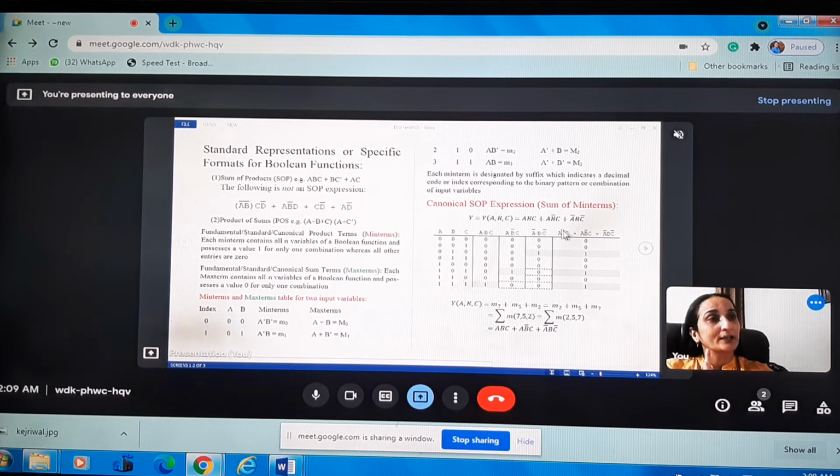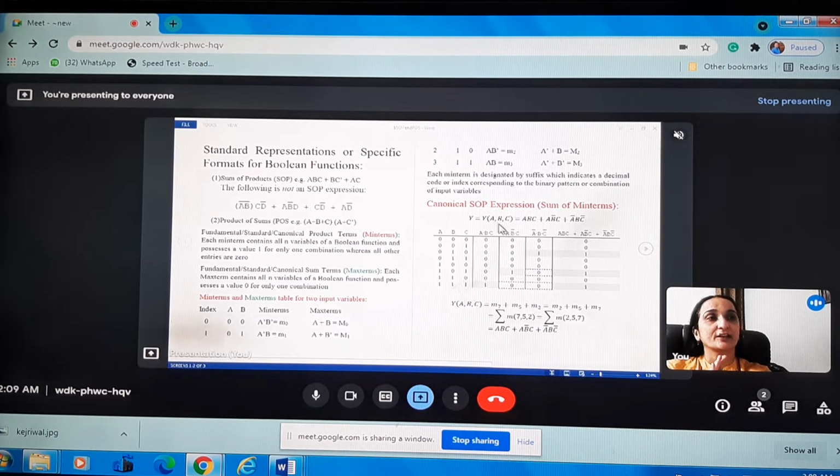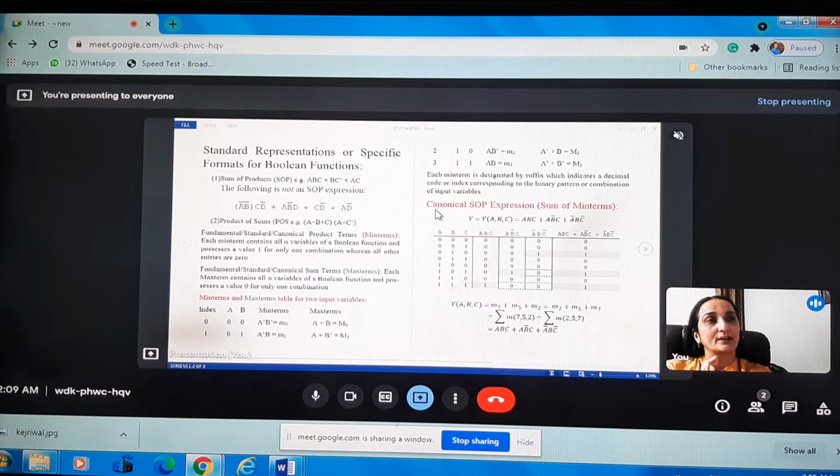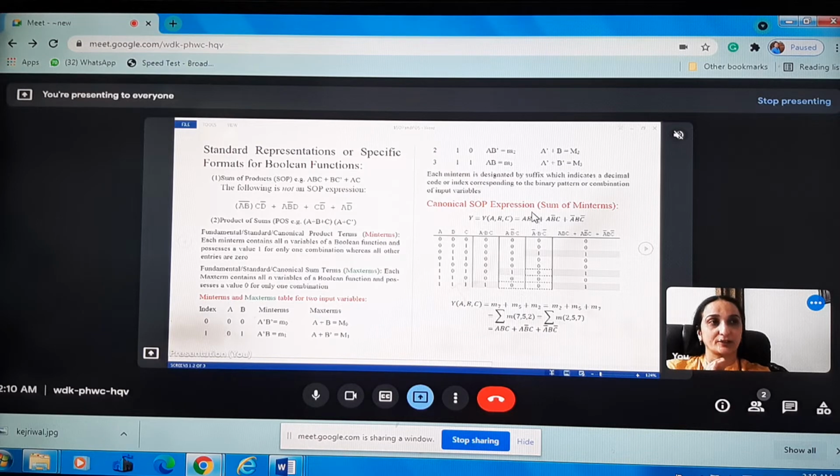We can see in this expression there are 3 terms and each product term contains all the 3 variables. It is a logic function y with output for 3 variables, and in all the product terms, every variable is present. So it is called a canonical, fundamental, standard SOP expression.